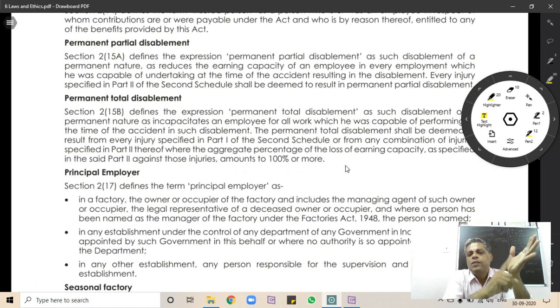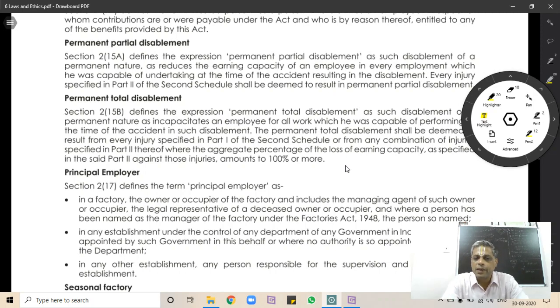Part 1 of the second schedule defines what are all the injuries which will be treated as permanent total disablement, which will incapacitate an employee for all work which he was capable of performing before the accident or before the sickness.